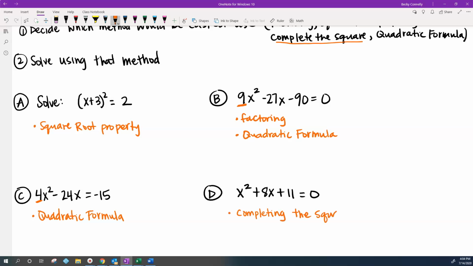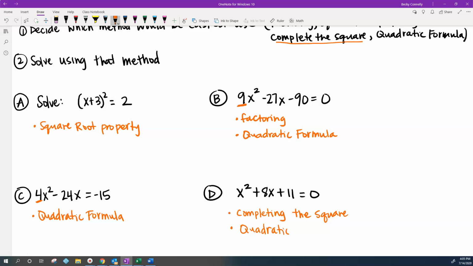But I think when the leading coefficient is 1 and you have something like this, it's a good way to go. I think it can be really good. And you're going to find that we're going to talk in Module 8 about other reasons why we need to know how to complete the square besides quadratics, and that will come into play, and you'll have to use it then. So please practice using completing the square so that when we get to that part, you'll know what to do.